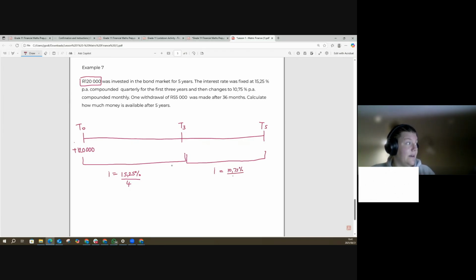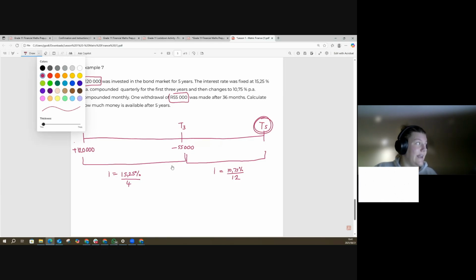So now it's 10.75% compounded monthly. One withdrawal of 55,000 Rand was made after 36 months. 36 months is when? How many years is 36 months? 3 years. Good. So at the 3-year point, we have taken out 55,000 Rand. Calculate how much money there is. So this one is not nearly as nasty as the last one.